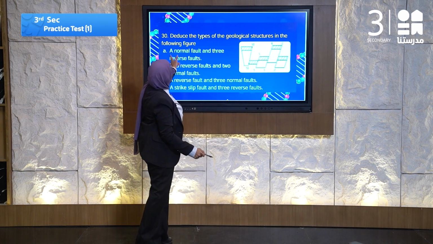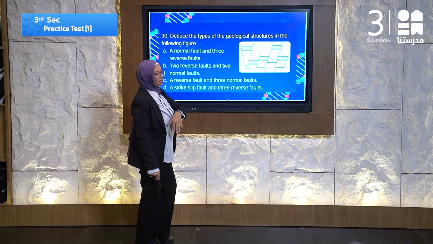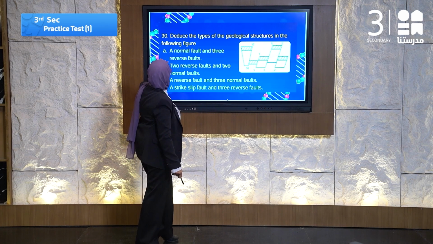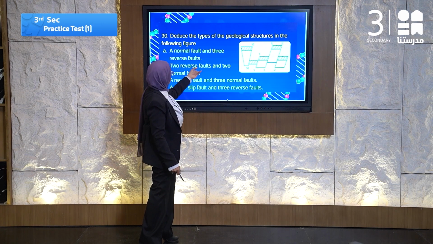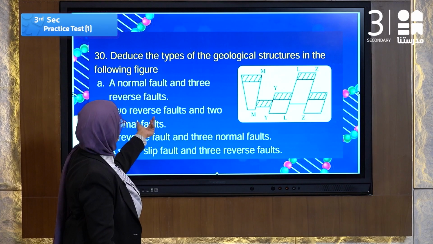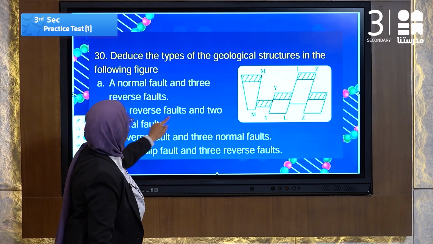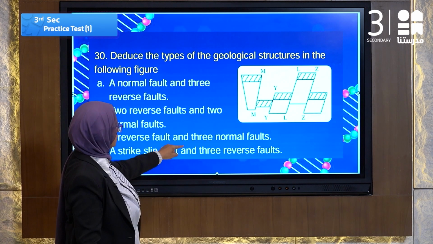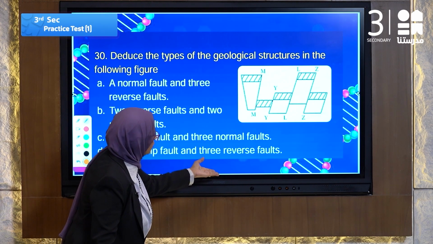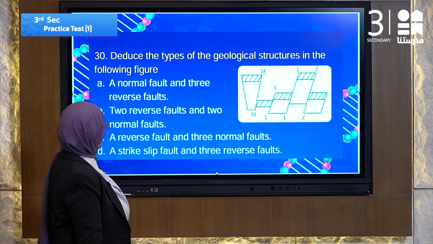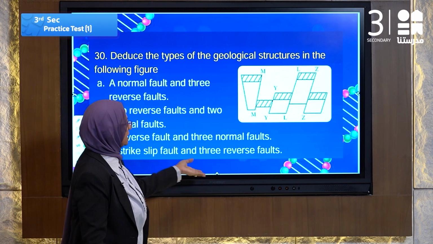Let's read the choices. A, normal fault and 3 reverse faults. I don't know. B, 2 reverse faults and 2 normal faults. C, reverse fault and 3 normal faults. D, strike-slip fault and 3 reverse faults.